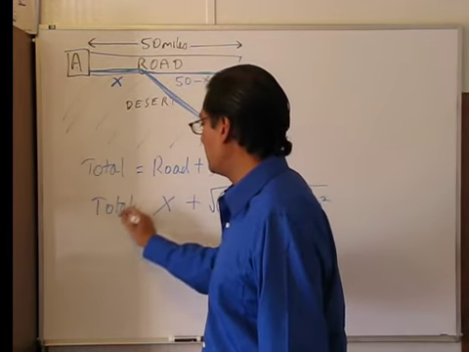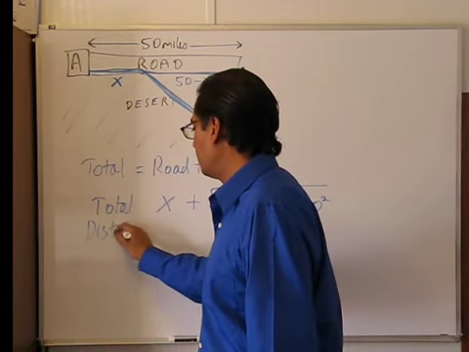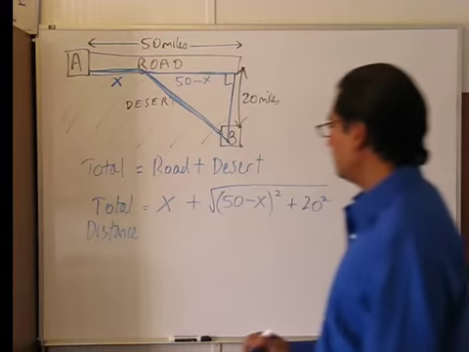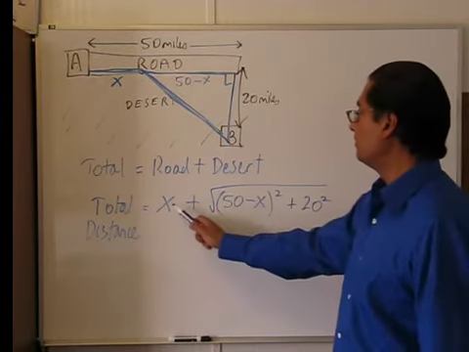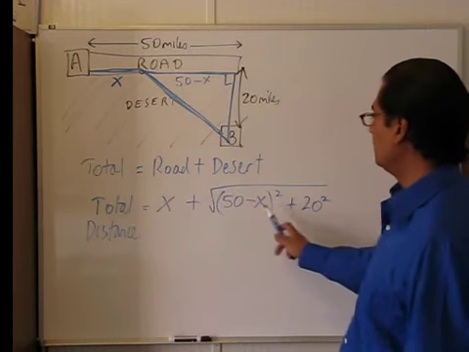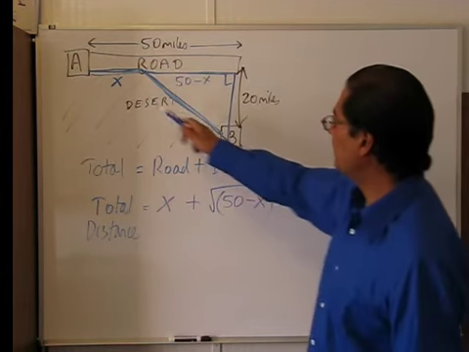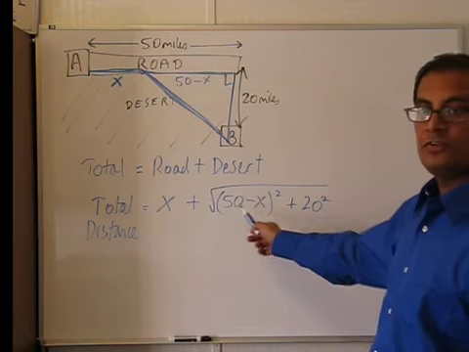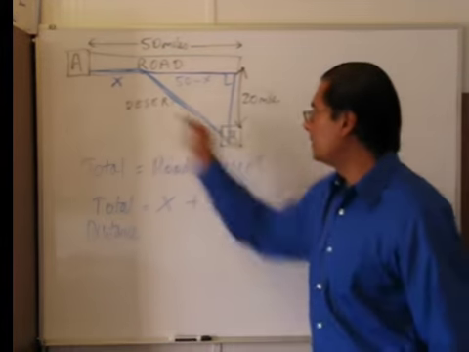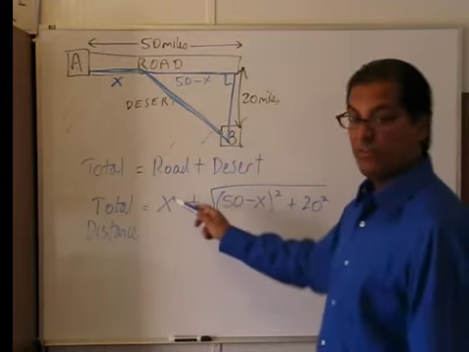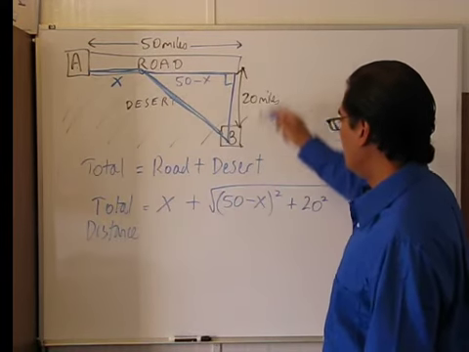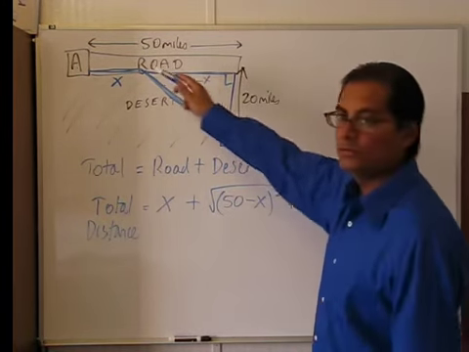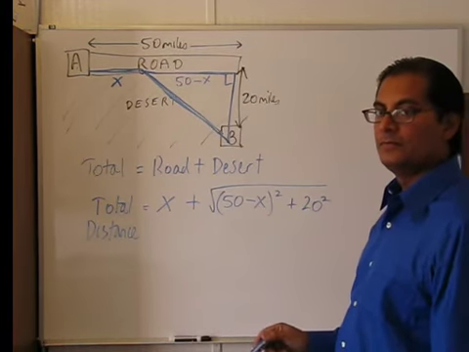And so this is an equation for the total distance traveled. If X is 0, then the distance from A to B is going to be the square root of 50 squared plus 20 squared, directly from A to B. If X is 50, that means you're traveling 50 miles on the road and then 20 miles to B. So the total distance would be 50 plus 20, which is 70.